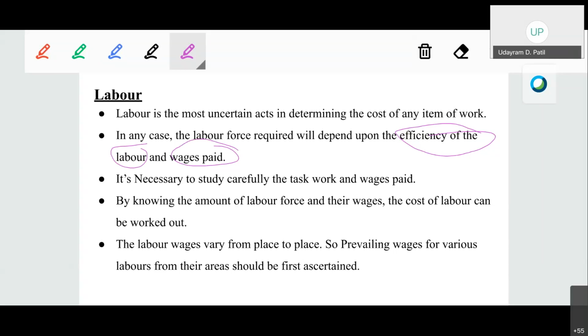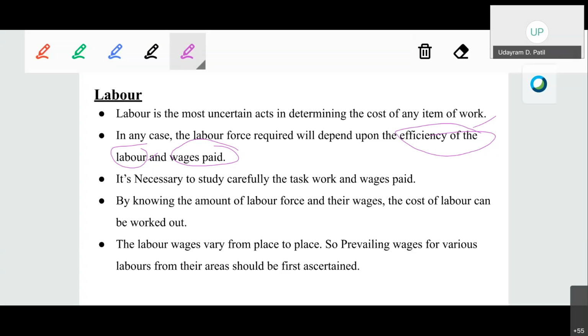will depend upon the efficiency of that particular labor as well as the wages. Now that is efficiency, but efficiency also depends upon the wages. Our people do not work much because they get lower pay. But if we are going to provide 600 rupees to one worker for the work, and 800 rupees to another worker, then it is evident that the worker we are paying 800 rupees will do the higher work, or take the higher responsibility.